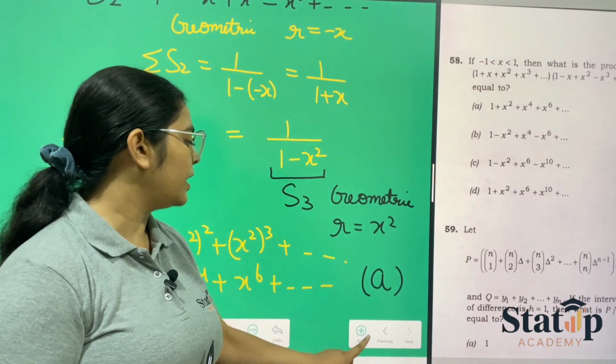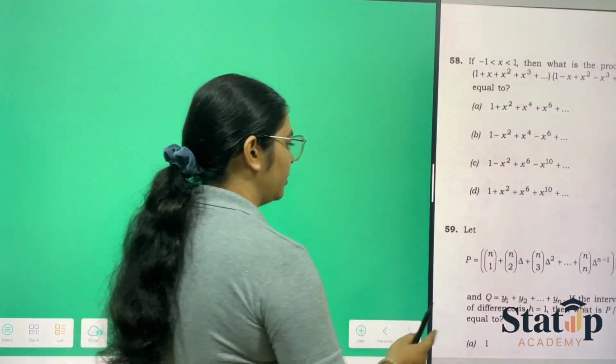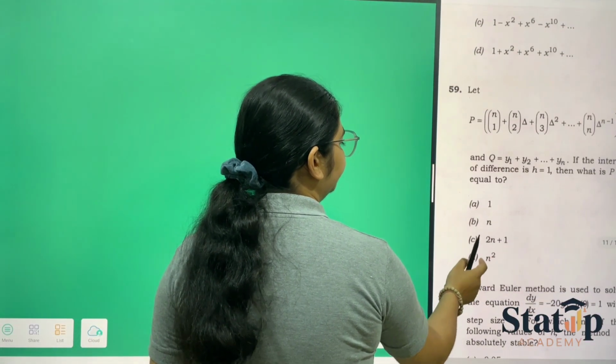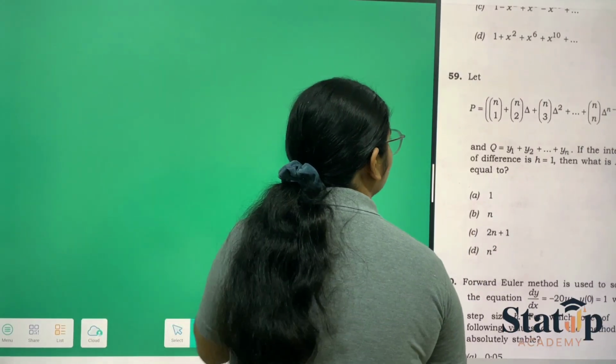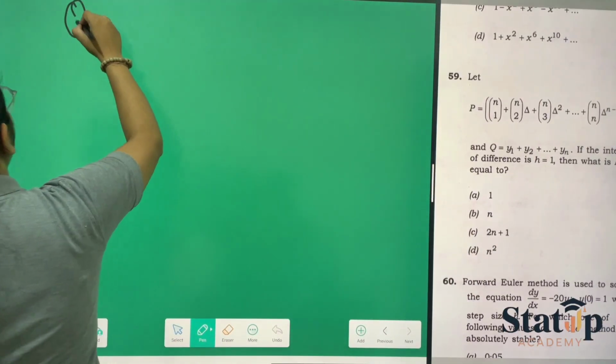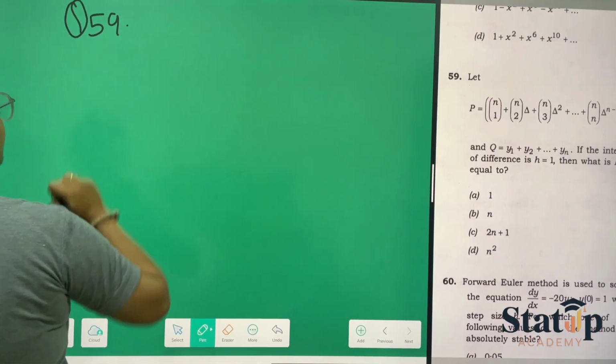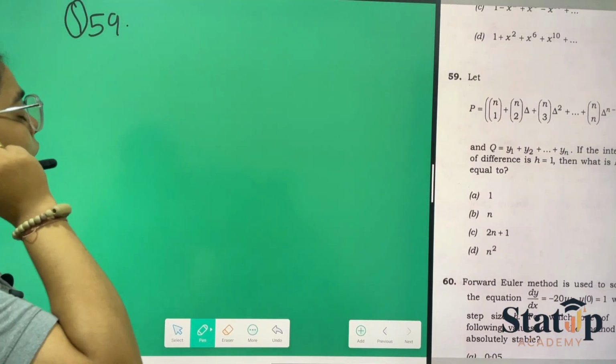Now moving towards another question. Question number 59. Question number 59 is a bit tricky. It hasn't been asked ever.